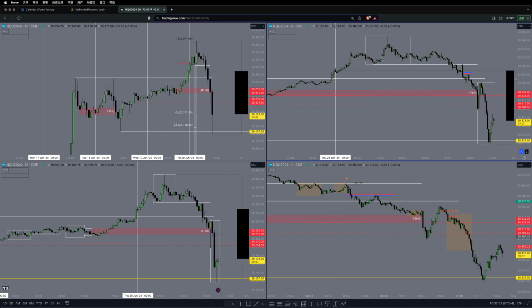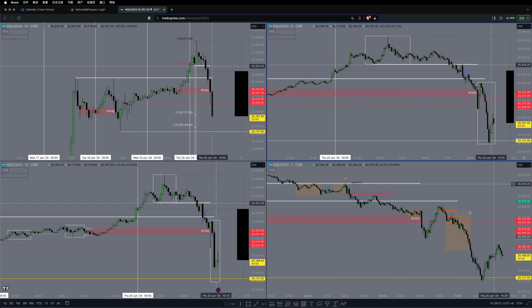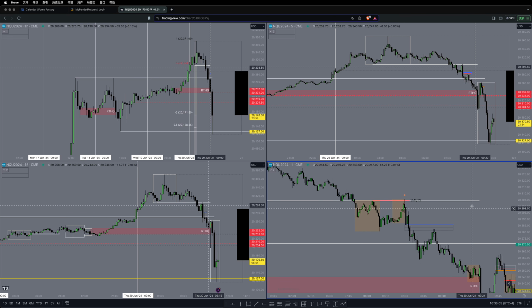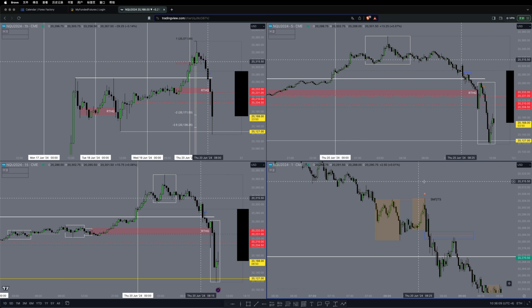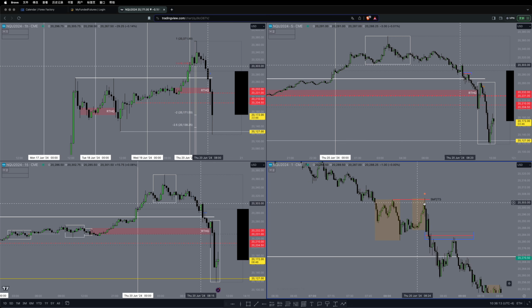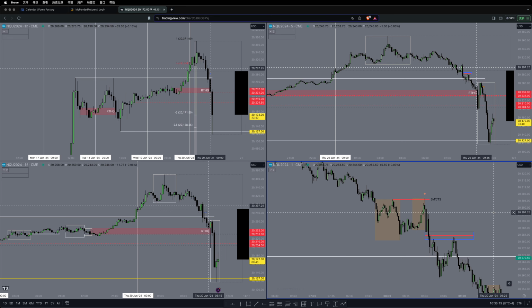But normally I don't really trade between 9:30 or even 10. I saw this one. Let me delete this. So this is 8:30. We had the news, and it's SMT with ES, also a turtle soup of this swing high.